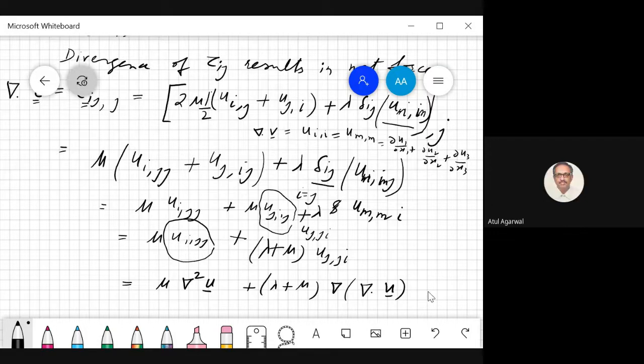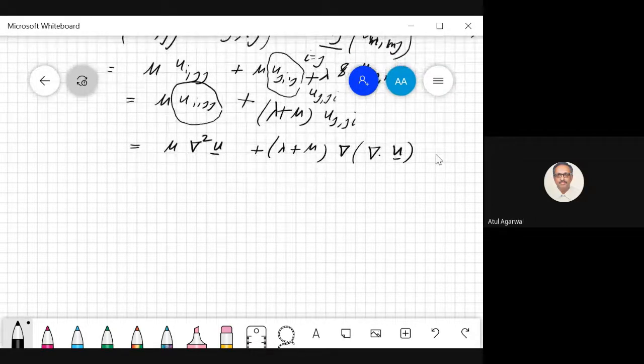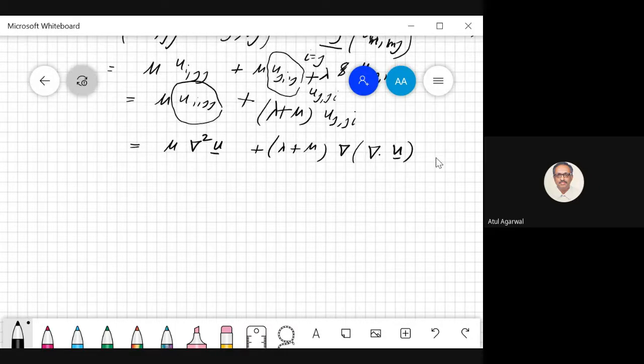So you get the net force due to viscous stresses. Now if you write the equation of motion, rho dv by dt is equal to minus gradient of p plus gravitational force plus F viscous.